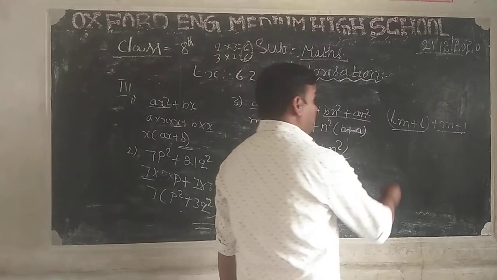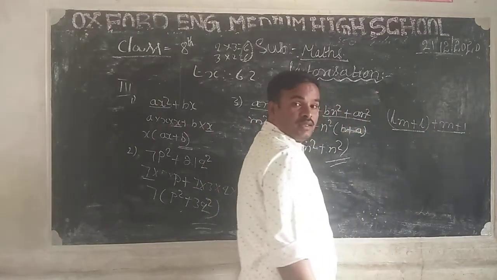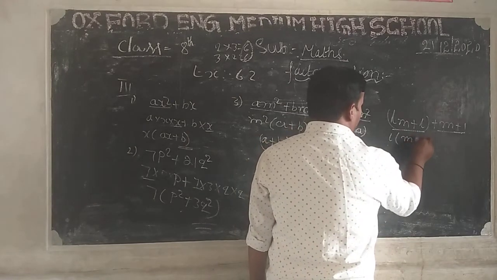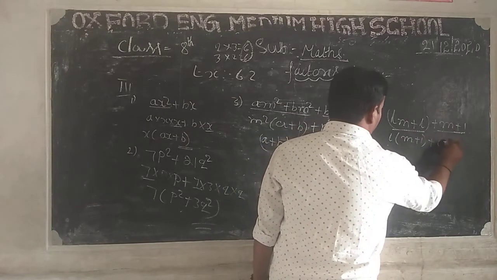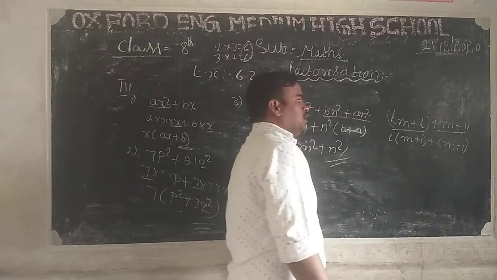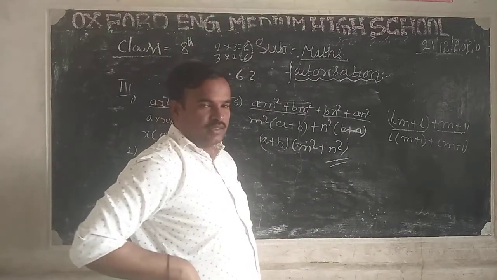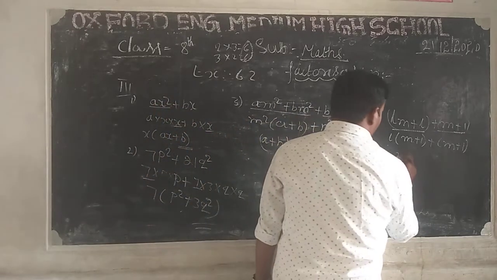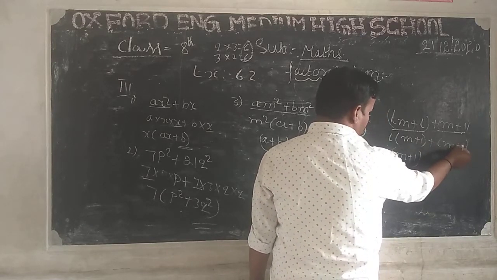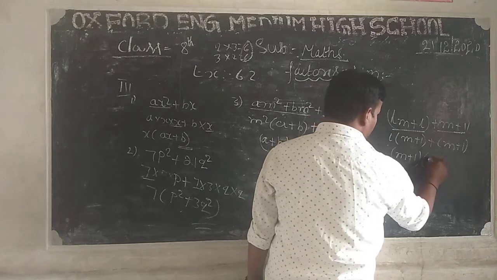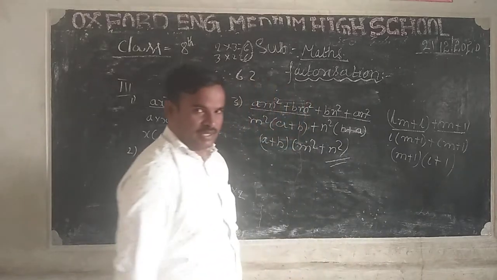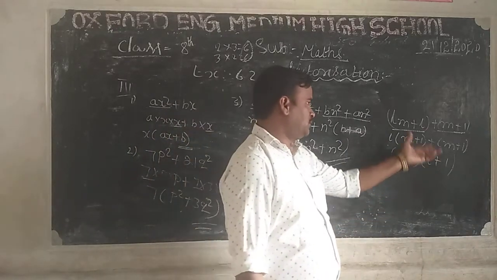In the first group l is the common factor, so that l is taken outside: l into (m plus 1) plus (m plus 1). Again m plus 1 is a common factor. Here also we have m plus 1, here also m plus 1. That m plus 1 is taken outside, and what remains is l plus 1. So (m plus 1) into (l plus 1). These are the two factors of this.